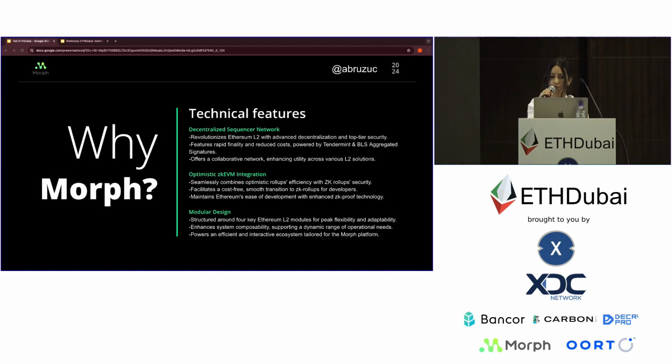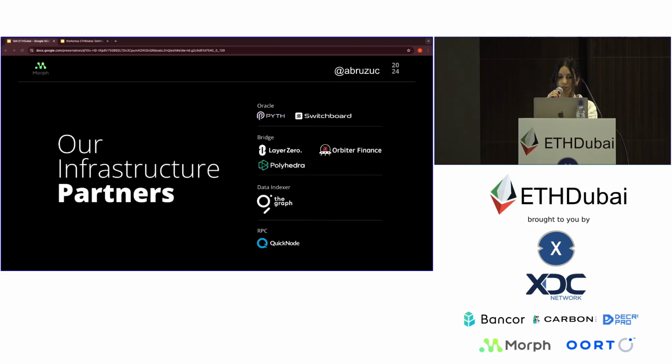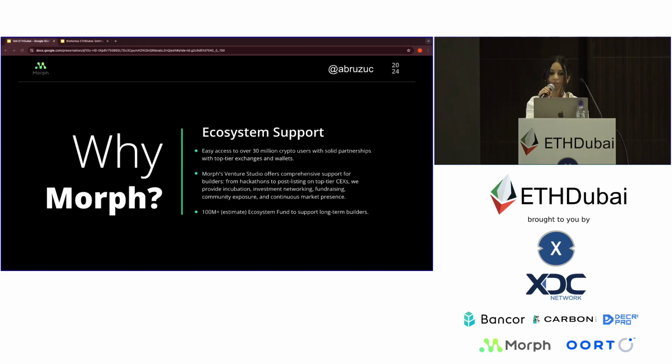We are also integrating the rollup contract and bridge, responsible for DA through a rollup process. Our infrastructure partners are Pyth for Oracle, Switchboard, Bridge for Layer 0, Orbiter Finance, Polyhedra for data indexer, Dgraph, and RPC QuickNode. If you want to integrate with us, just let me know.